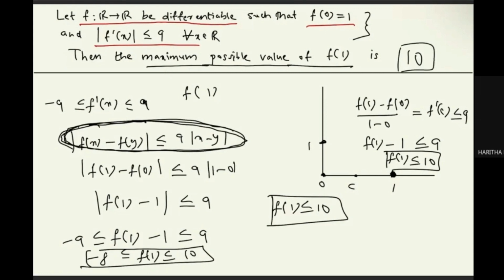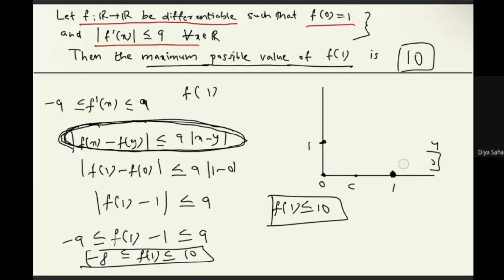We can take 9x plus 1. What is the function? 9x plus 1. So what made you think that way? It's natural, right? For those of you wondering why 9x plus 1 suddenly: at 0 it is 1.